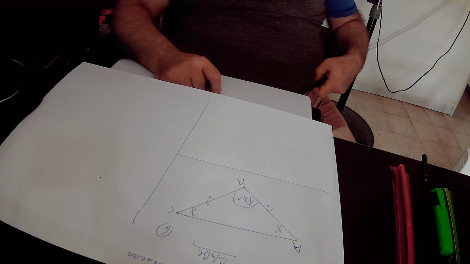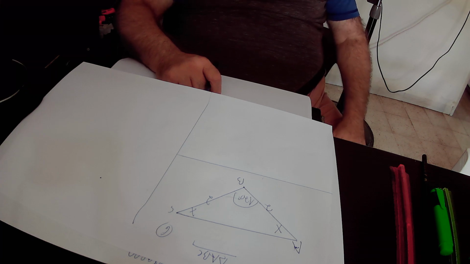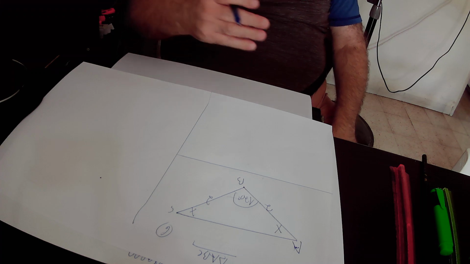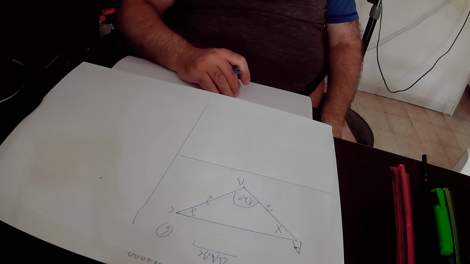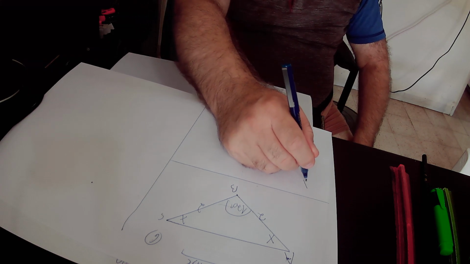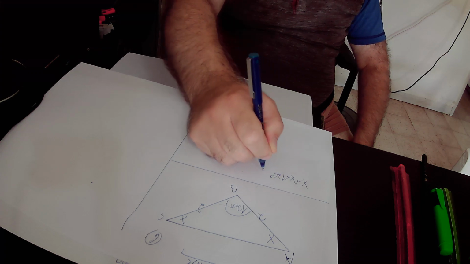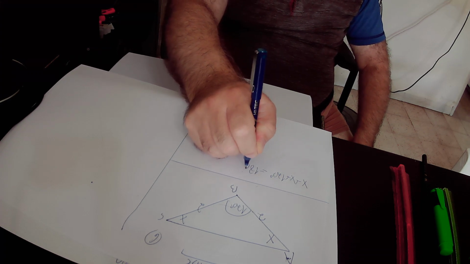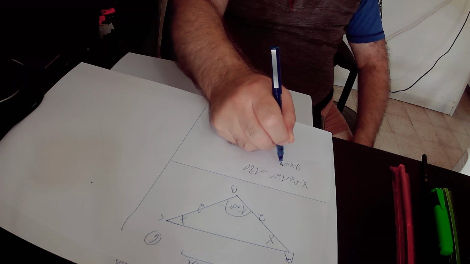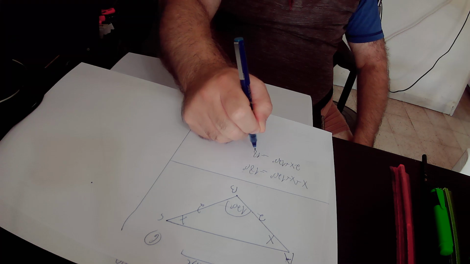You also know that the sum of the angles in any triangle is equal to 180 degrees, and especially, the rule is true in our triangle ABC. So which angles do we have in triangle ABC? We have x plus x plus 120 degrees, in total it must be equal to 180 degrees. So x plus x is 2x, 2x plus 120 degrees equals 180 degrees.